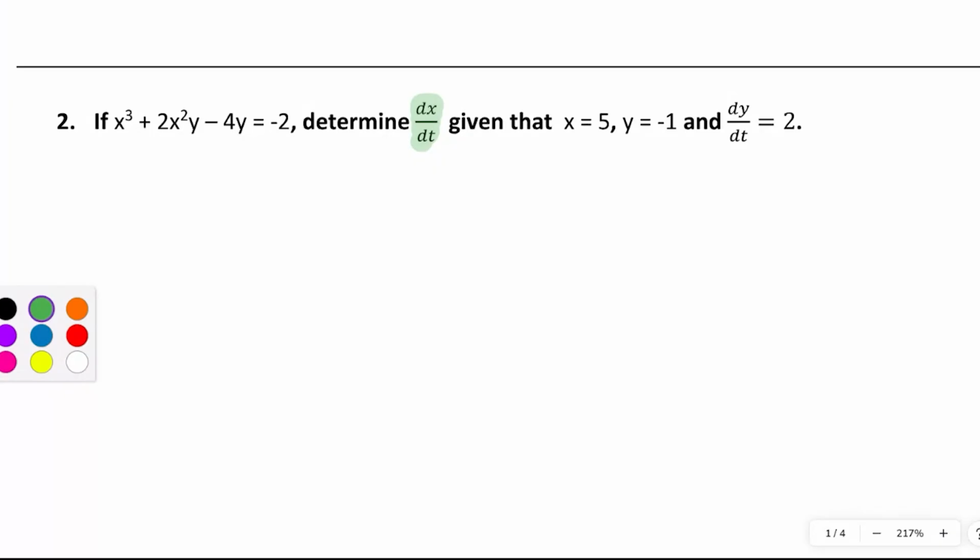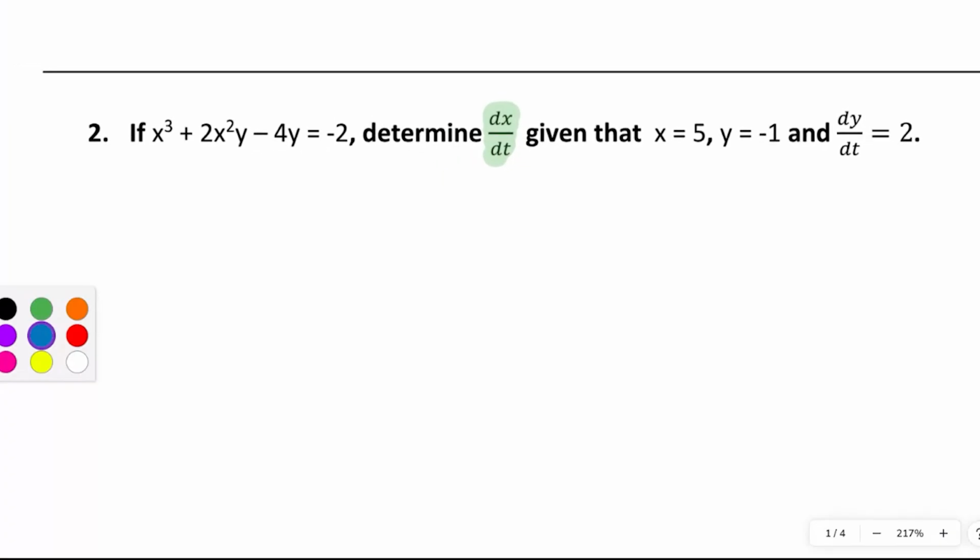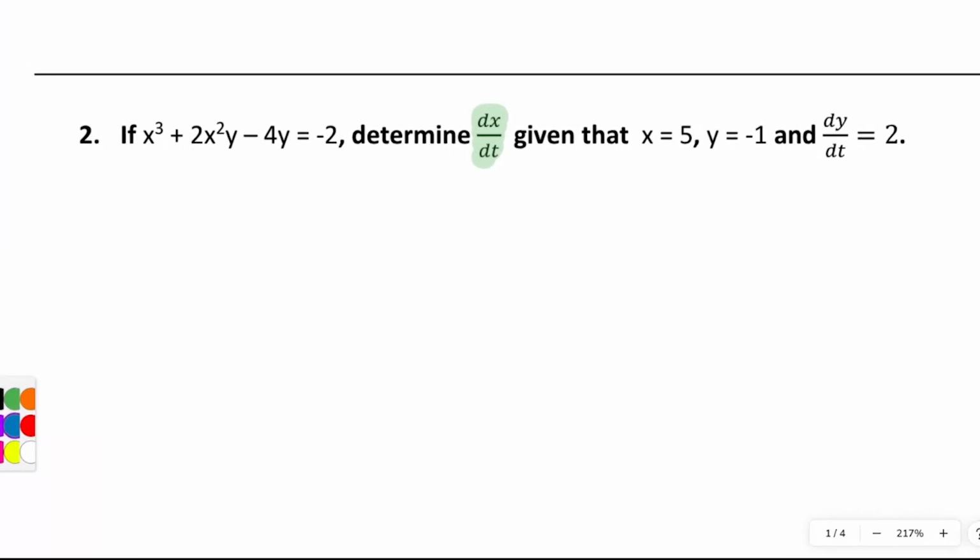Dx dt refers to the rate of change of x in terms of t. In other words, how is x changing over time? Dy dt is how y is changing over time. So let's differentiate with respect to t here. We'll do basically what we did on the previous problem.